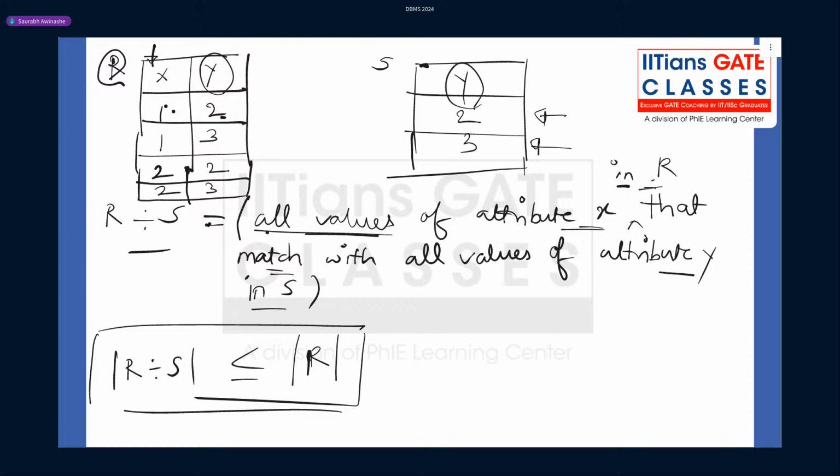So basically all those values of X that have a matching tuple with the Y value as 2 and 3. So we have 1, it matches with 2 and 3, and 2 also matches with 2 and 3. So the output R divide S would have X, 1 and 2, right?